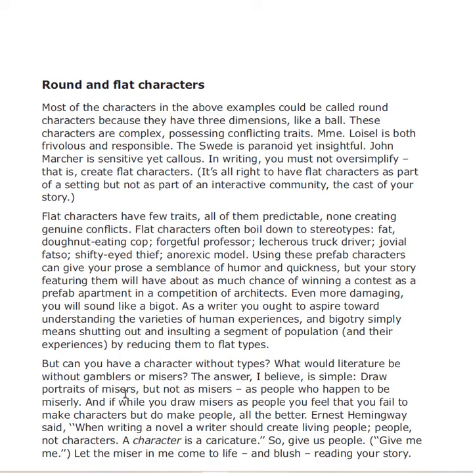So flat characters, in other words, the one-dimensional ones, can also serve as a prop or backdrop for the round character that evolves. You're going to see that in some of the stories, like The Yellow Wallpaper, where it's the wife that goes insane while the husband remains the same. So you see the conflict, you see the contrast between the two characters.